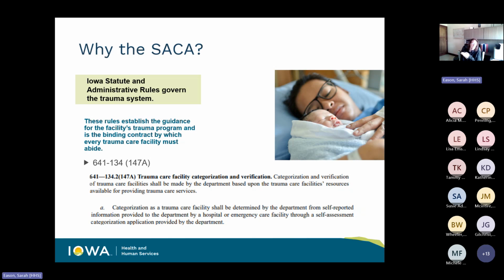So take some time, look through the Gray Book if you are a level three and you are expiring 2026 and beyond, because I don't have a timeline on when we would mandate that, but it would probably be 2026 for level threes to be on the Gray Book. If there are some crazy standards in the Gray Book as a level three trauma care facility that you are not currently meeting and it wasn't a rule for some reason in the Orange Book, reach out to me and Jill and I will meet with you individually.